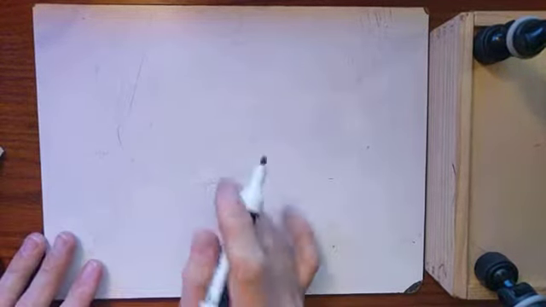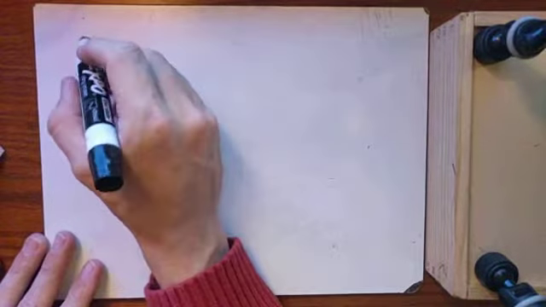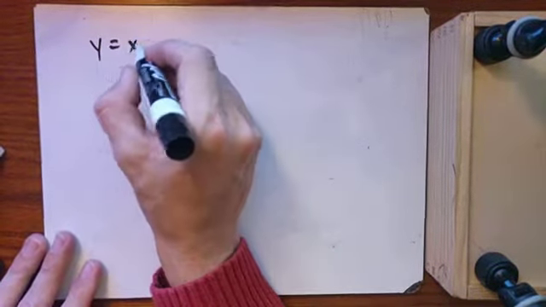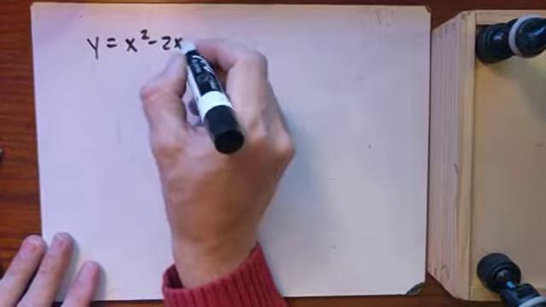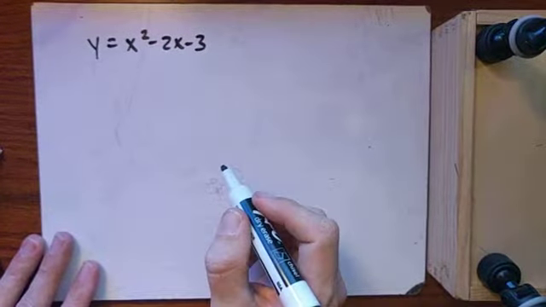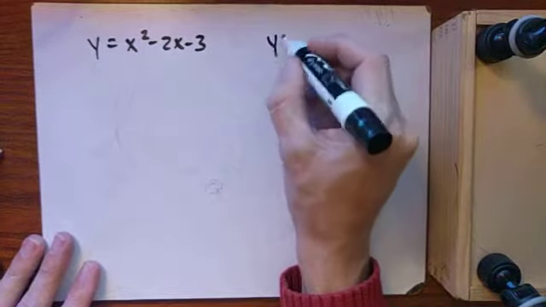So, okay, here's what we're going to start out with. We're going to have a parabola, and we're going to have a line.